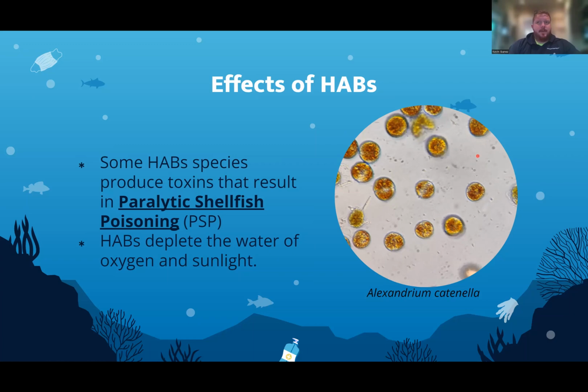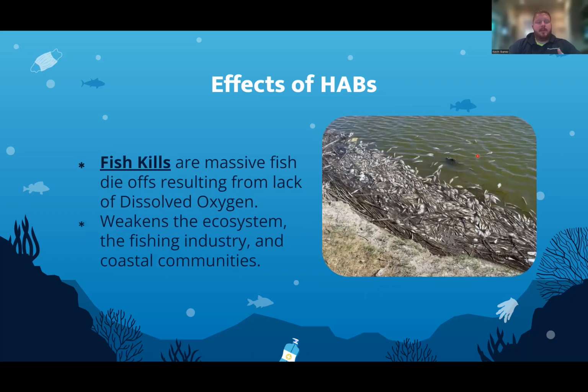So now we're looking at fish that can't breathe because they're being poisoned by the toxin, and also fish that can breathe that don't have the oxygen available to them. This results in fish kills, which are massive fish die-offs because there is no oxygen in the water for them. It weakens the ecosystem, the fishing industry, and coastal communities as well.